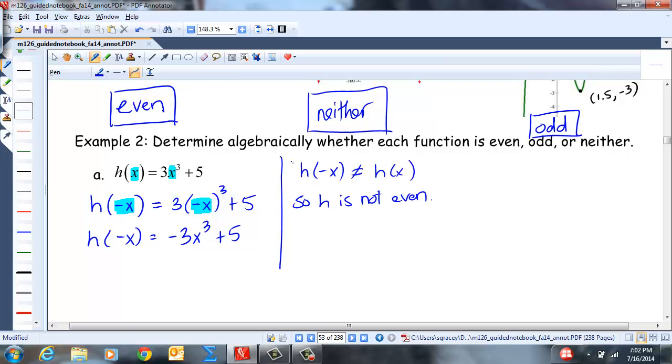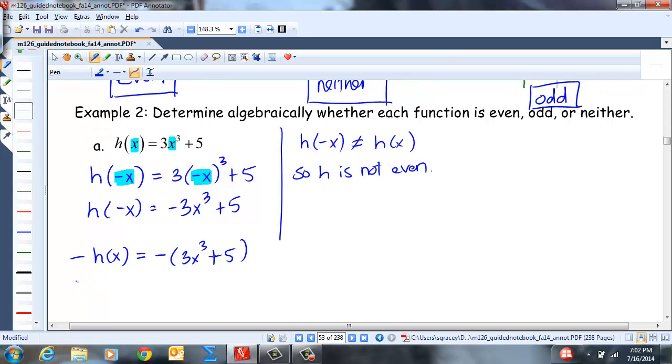So now let's figure out what negative h at x is equal to. So basically you're just multiplying both sides by negative 1. So you're multiplying the whole side by negative 1. So negative h at x is equal to negative 3x cubed minus 5.